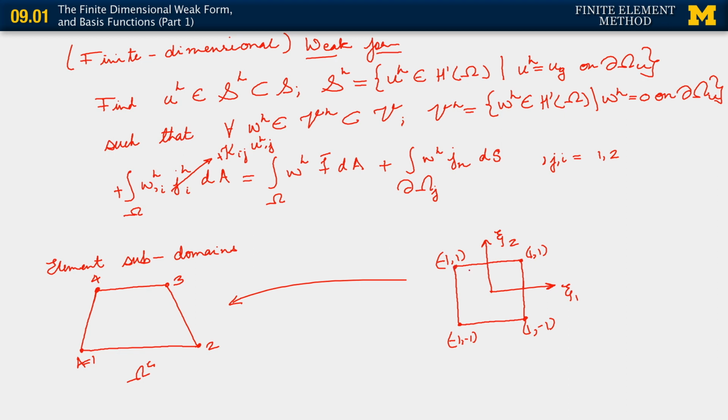Now we also remember that this mapping gives us a way to write out the geometry. So we know that the geometry in the physical domain can be parameterized by our coordinates in this bi-unit domain.